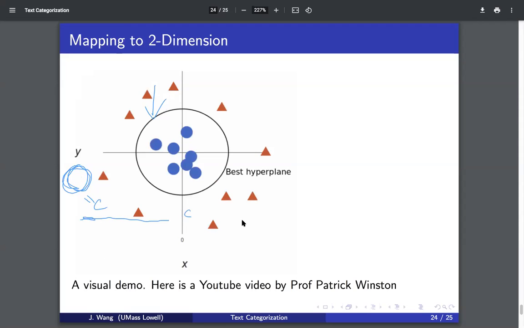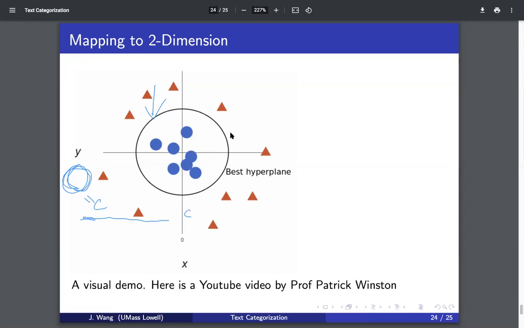Okay, so if you look at the projection down on an XY plane, depending on what function you are using, if you're using a circle, then you're going to see a circle.